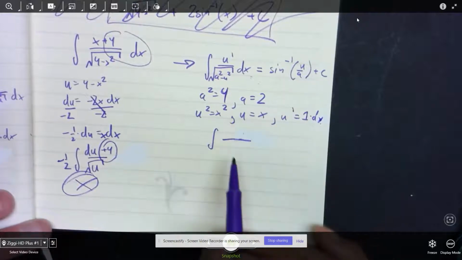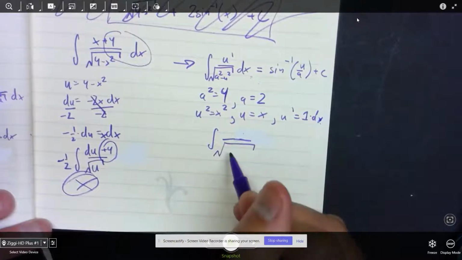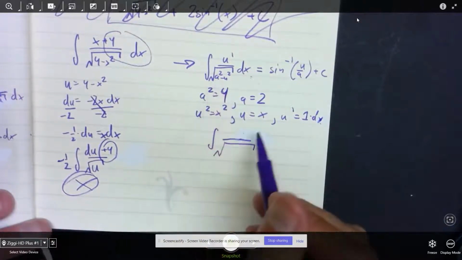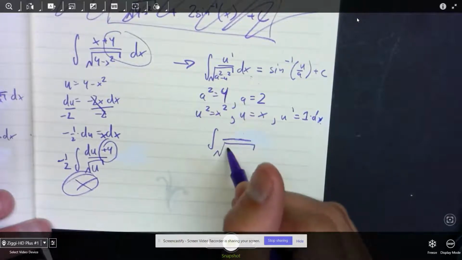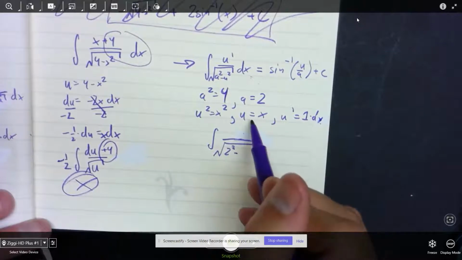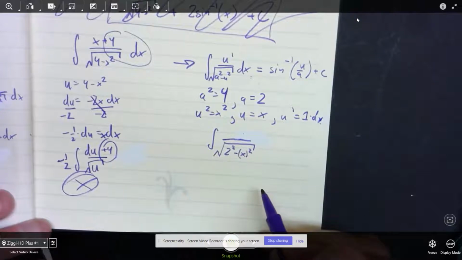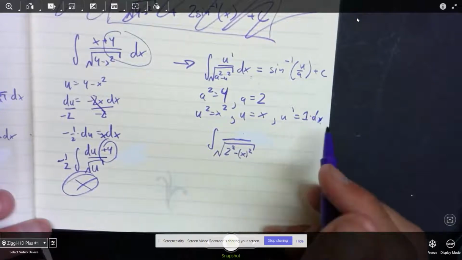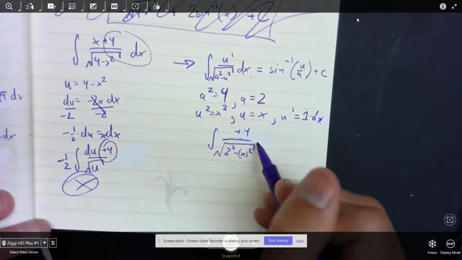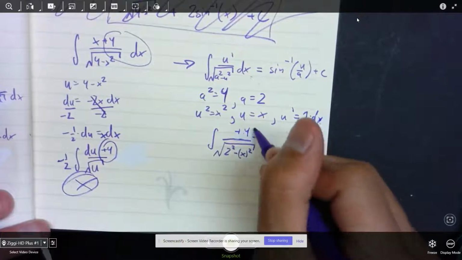So let's see if that will work out. Here I do indeed have an a squared, my a being 2, that'd be 2 squared, minus my x being squared. Cool. And then I got 1 dx. Well, there's that pesky 4 there, which I can replace with that 1 dx.